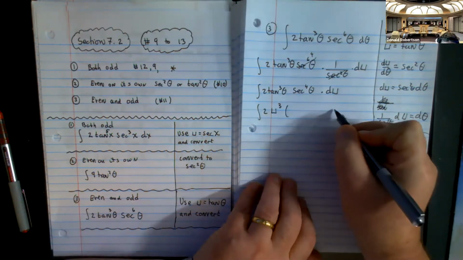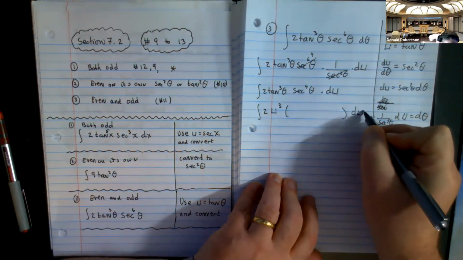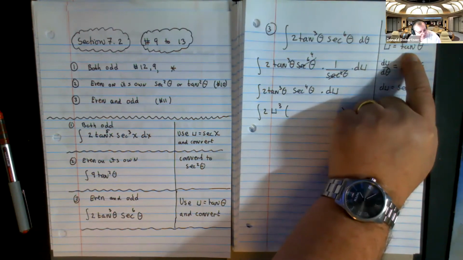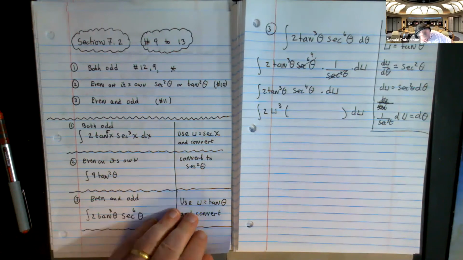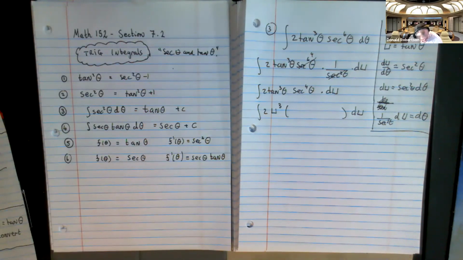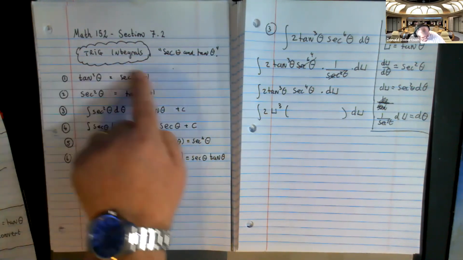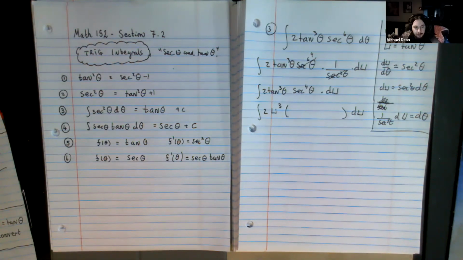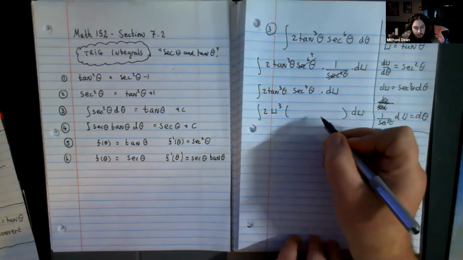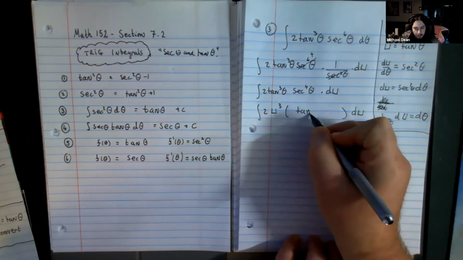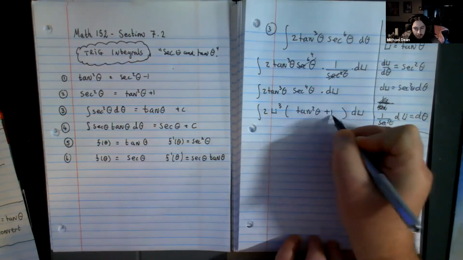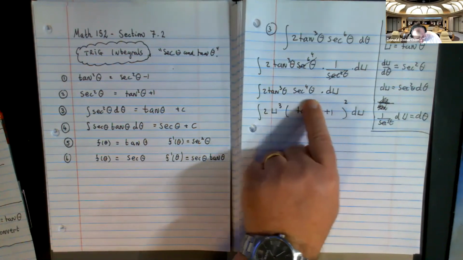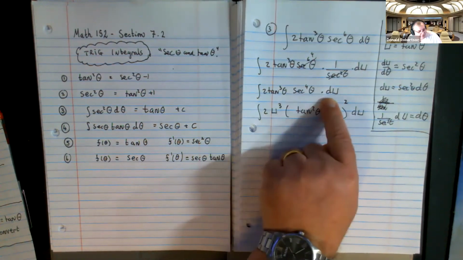How do you think I'm going to deal with secant squared theta, bearing in mind that I want tangents, not secants? Is there anybody over here that can help me take care of the secant thing? Change it into 2 sets of tan squared plus 1. Okay, so I've skipped a line there. Wouldn't this line be secant squared theta all squared?